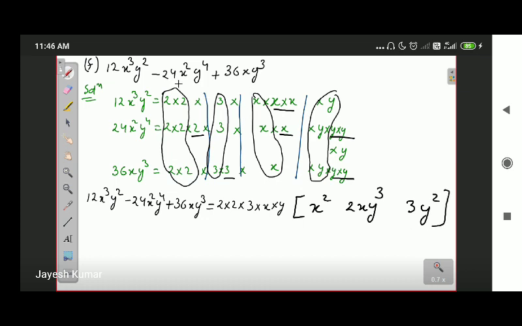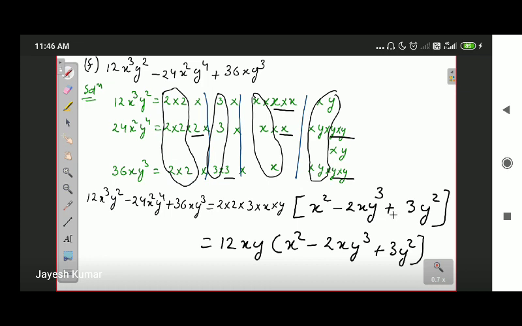So signs will be first is positive, second is negative, and third is positive. So final result will be 2 2s are 4, 4 3s are 12, xy, x square minus 2 xy cube plus 3y square.